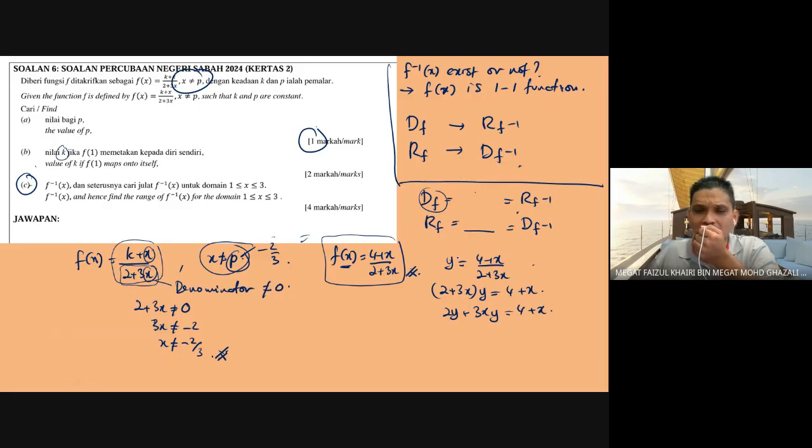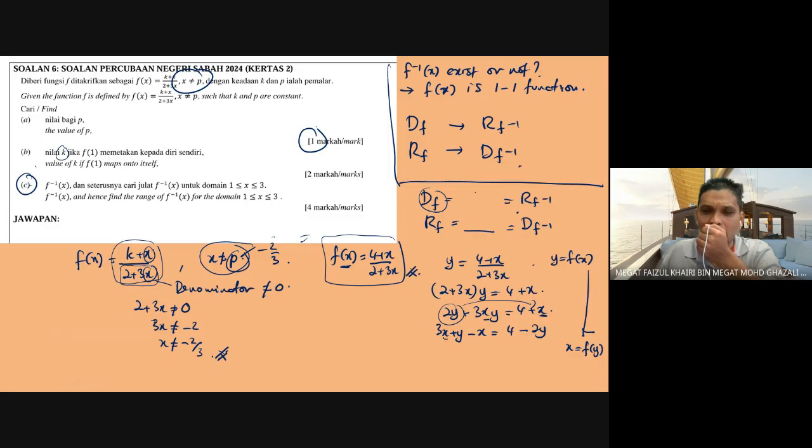We are going to make adjustments until we get the function in the form of x equals f(y). Put the x terms together on the left side: 3xy minus x equals 4 minus 2y.